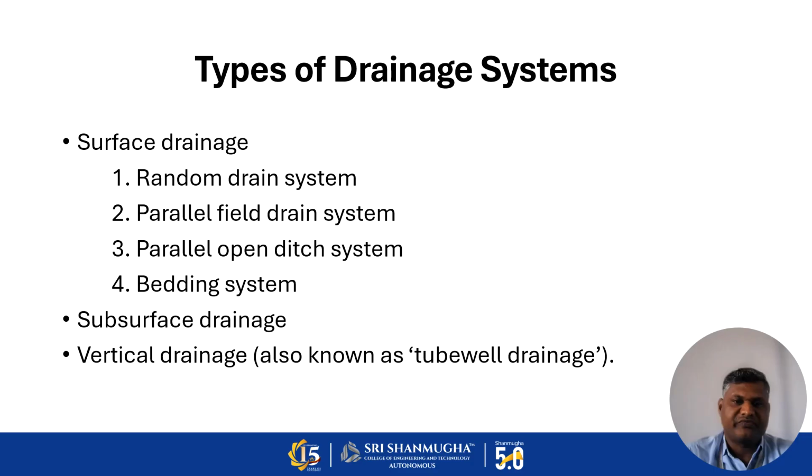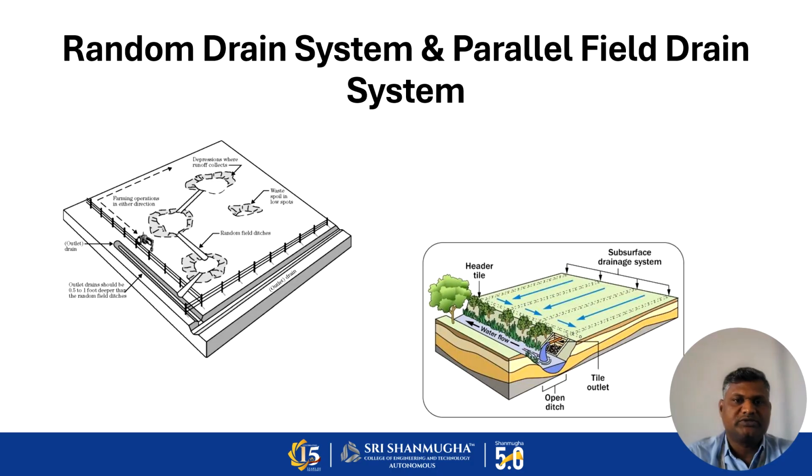And the vertical drainage system works from surface and subsurface by constructing a tube well. We can dig the soil and install the tubes, and from the tube the water will drain. The downward movement of the water is known as tubal drainage. So these systems are adopted here.